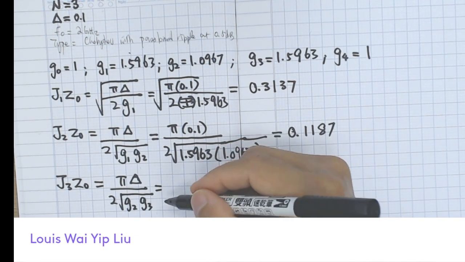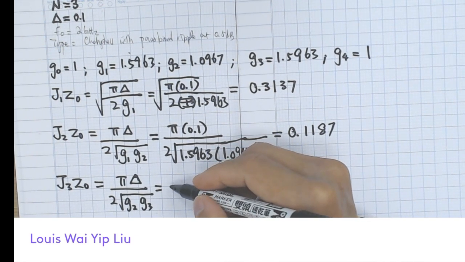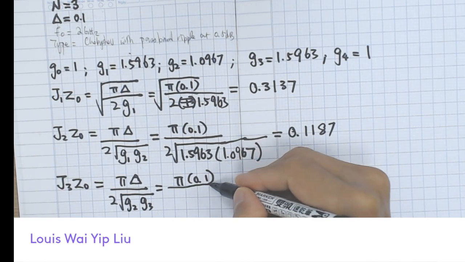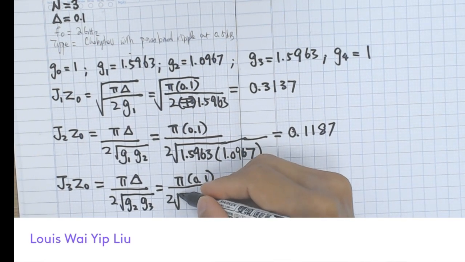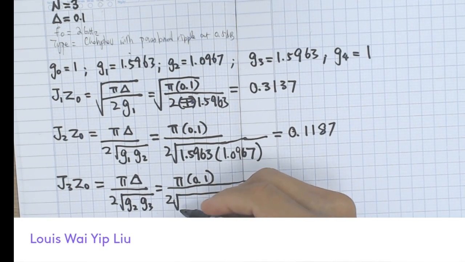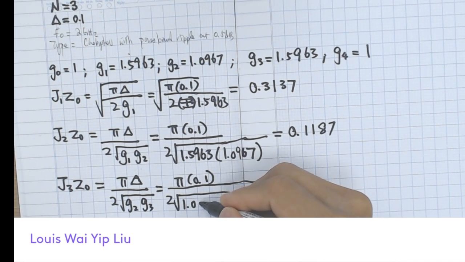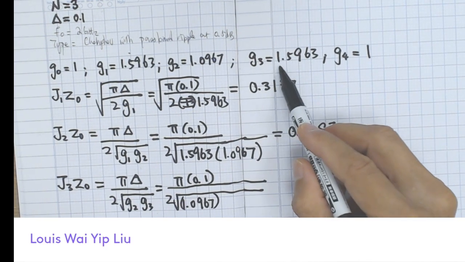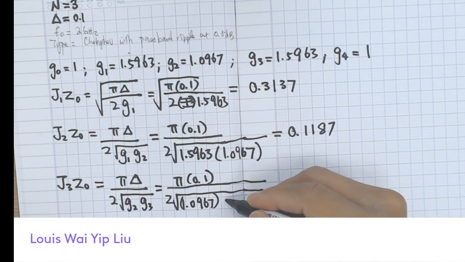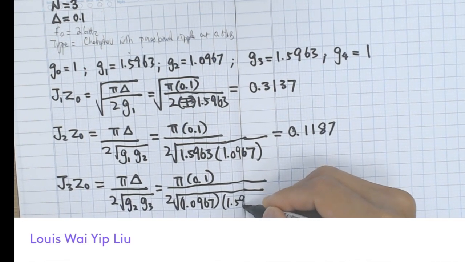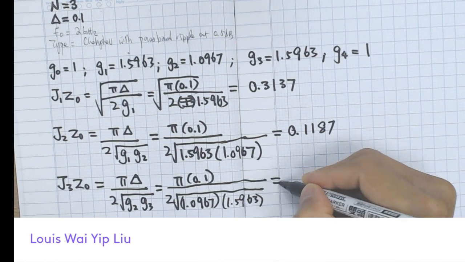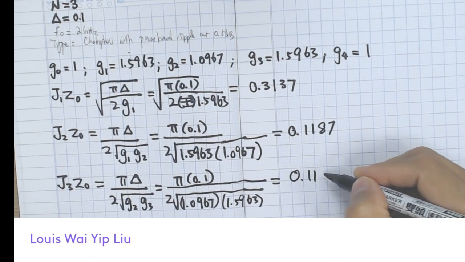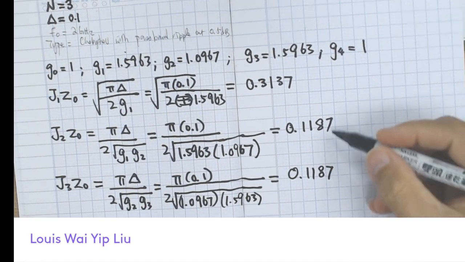So from what I have got here is by 0.1, and then 1.967, and G3 is 1.63, and if you do it carefully, you will end up with the same figure. Yeah, same as before.